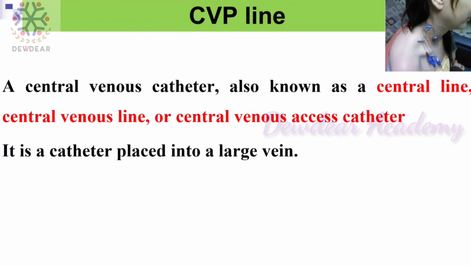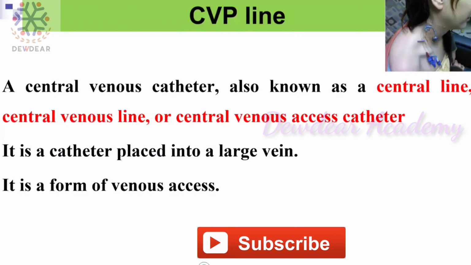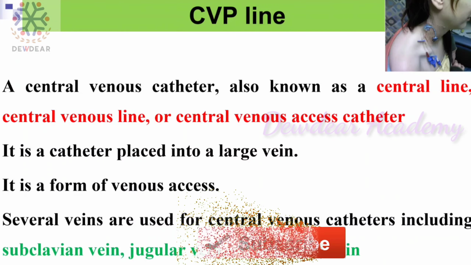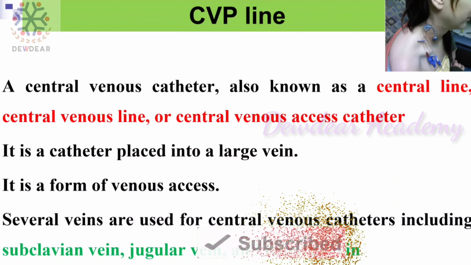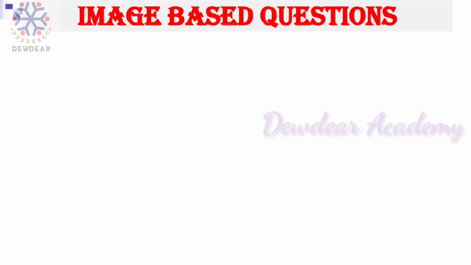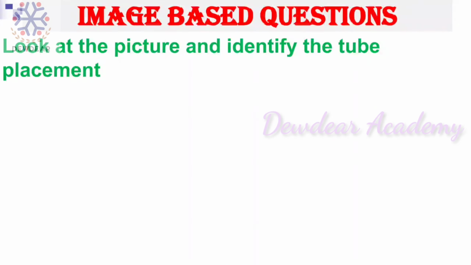It is a catheter placed into a large vein, and it is a form of venous access, and several veins are used for this central venous catheters or for central line, that include the subclavian vein, jugular vein and femoral vein.